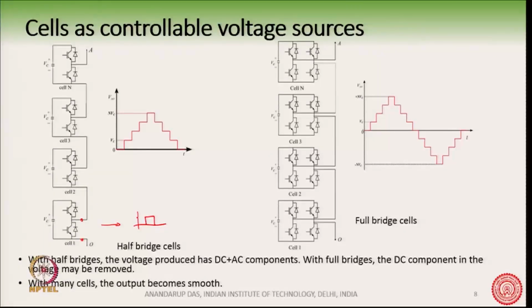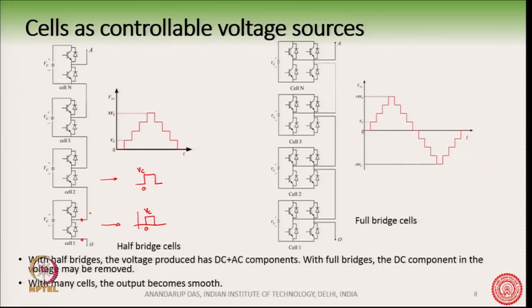Similarly, the output of the second cell can be drawn like this, also independent of the first one. The output here will change from 0 to Vc and here again 0 to Vc, assuming that all the cells have the same DC bus voltage Vc.